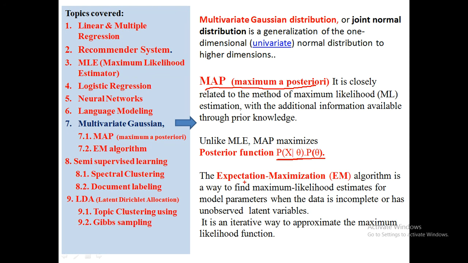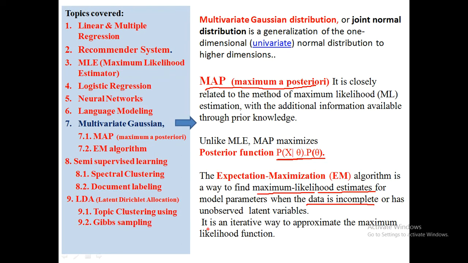Next we discussed the expectation maximization algorithm. That is again a kind of maximum likelihood estimate to estimate the model parameters, and it is mainly applicable when the data set is incomplete or has some unobserved latent variables.